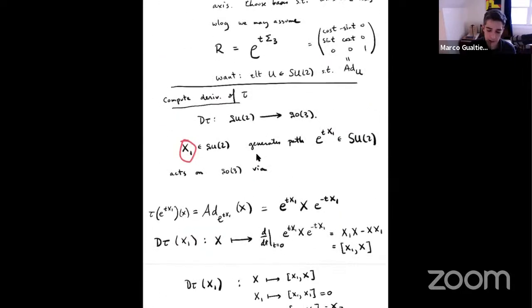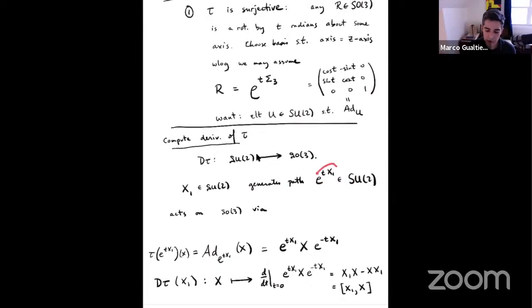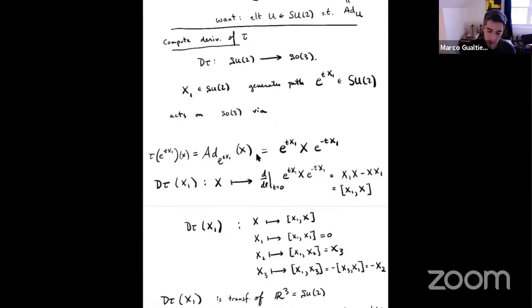If I exponentiate this, e to the t x1, I get a path in SU2. What I'm going to do now is let this act on the tangent space to try to obtain this rotation. So let's see how that works.